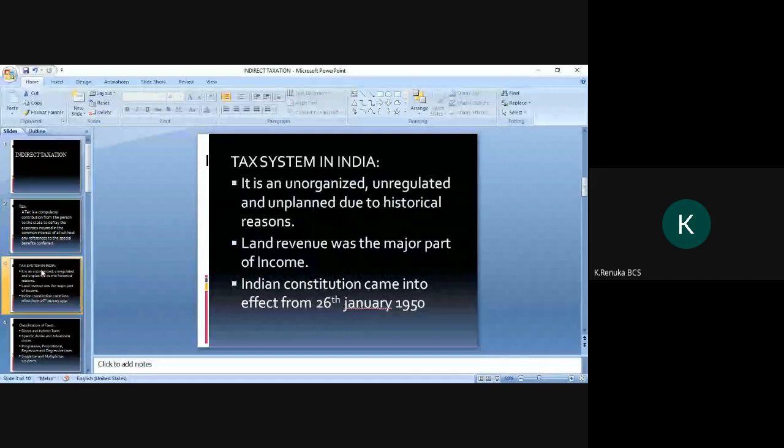It made a clear distinction between the sources of revenue of the union and the states, in which the powers belong to the center.